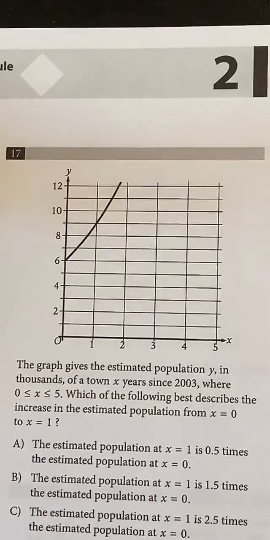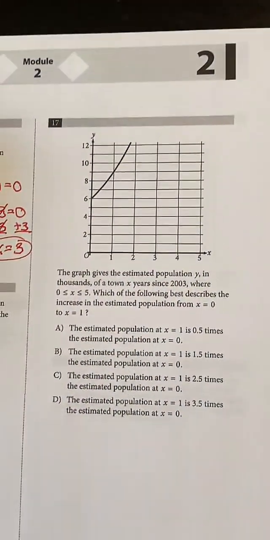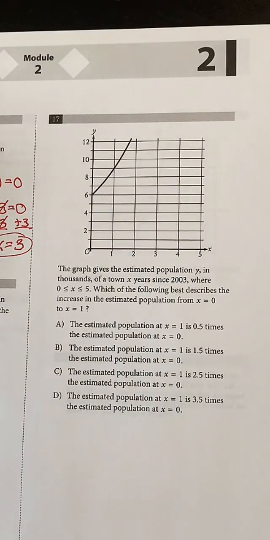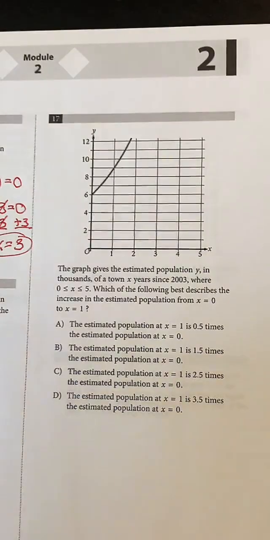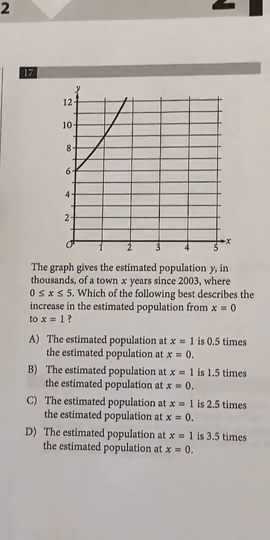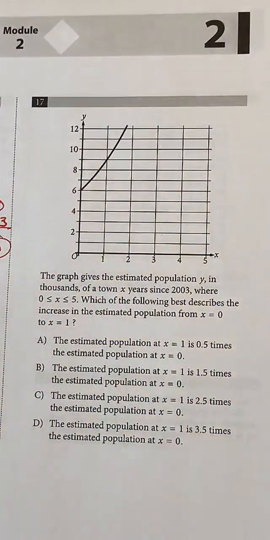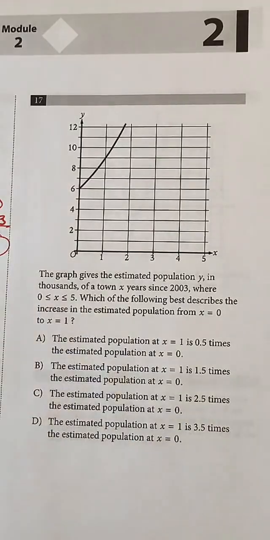All right, 17. Definitely going to have to unzoom quite a bit. All right. Or maybe not that much. Maybe a little bit. Okay. So the graph gives us the estimated population, y, in thousands of a town x years since 2003.